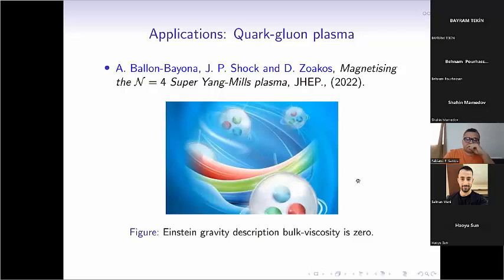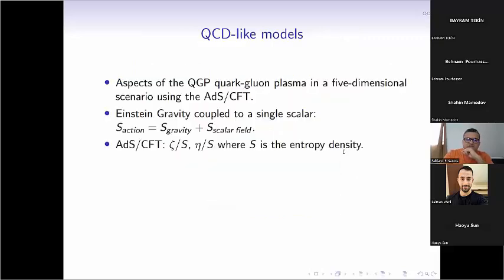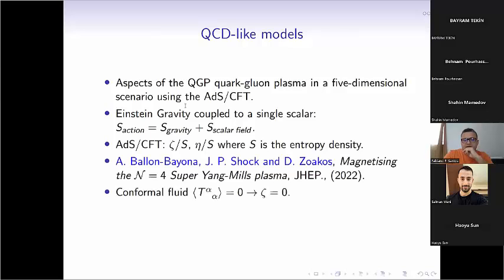But a remarkable result of the application of the AdS/CFT correspondence is in the description of the quark-gluon plasma. This description can be done using a gravity action plus an action with a scalar field, where with these ingredients it is possible to mimic QCD-like models, for example.